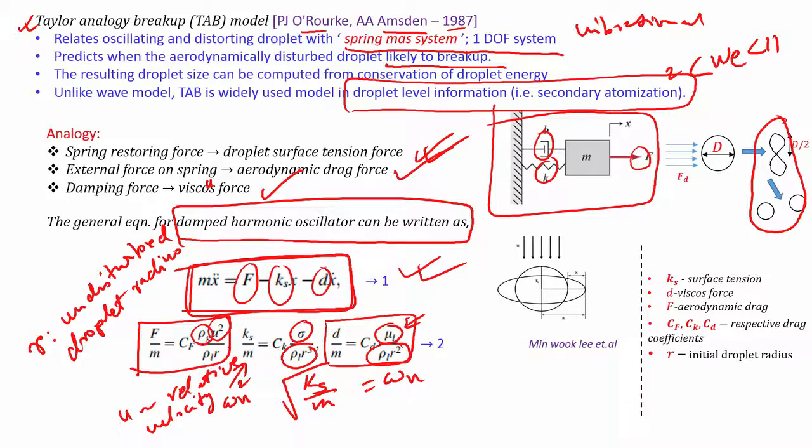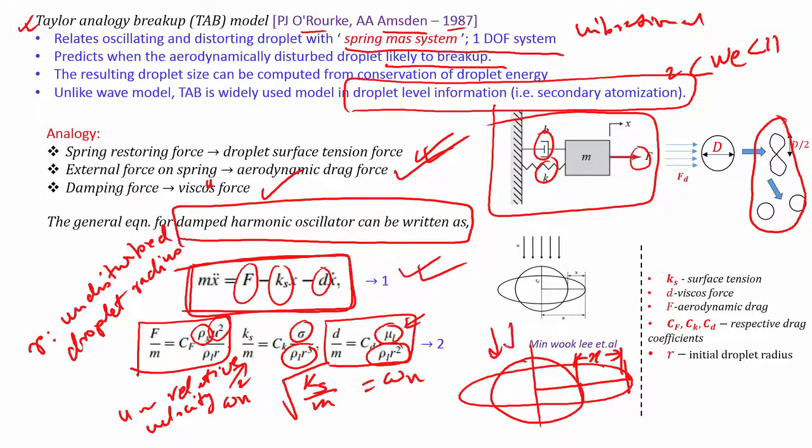So what is x now? Now that we have said that this is a spring mass system, x is, if you look at this particular picture over here, let me draw it a little bigger, the displacement of the droplet equator, based on the aerodynamic load.